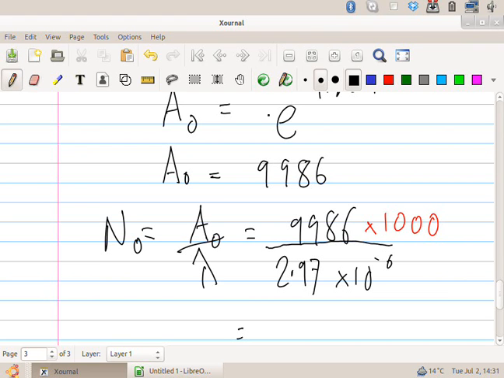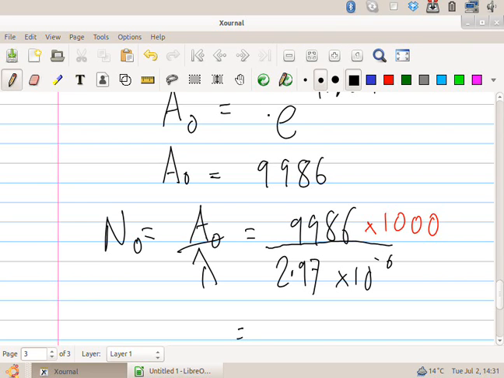The A represents how many atoms per second that you lose due to the decay. You got that? So I'll say that one more time. N is the number, how many nuclei you have, how many atoms you have. A is the activity, and the unit is Bq, and it means how many nuclei you lose per second.